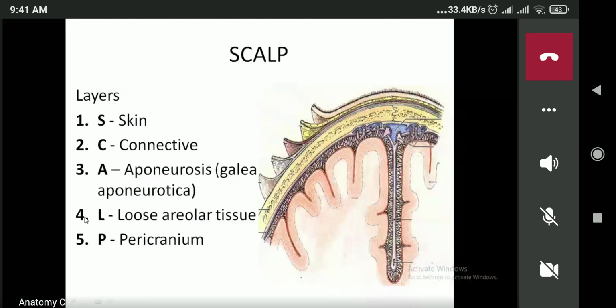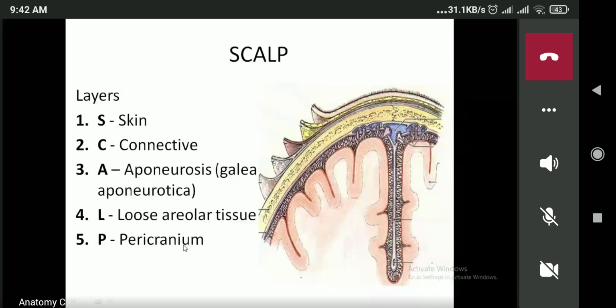S stands for the outermost layer, that is skin. Next to the skin, C stands for dense connective tissue, A for aponeurosis, which is also known as galea aponeurotica, L for loose areolar tissue or loose connective tissue, and finally, the innermost or 5th layer is P, which stands for pericranium or periosteum.